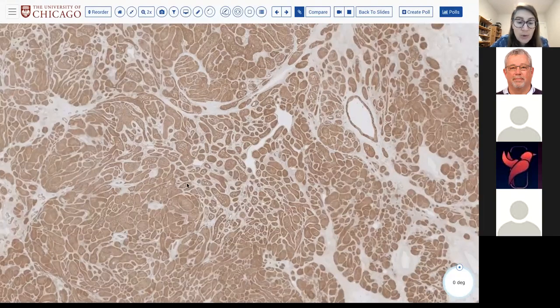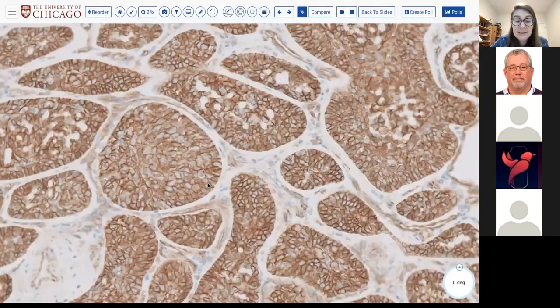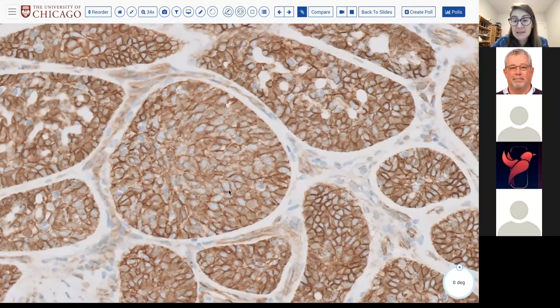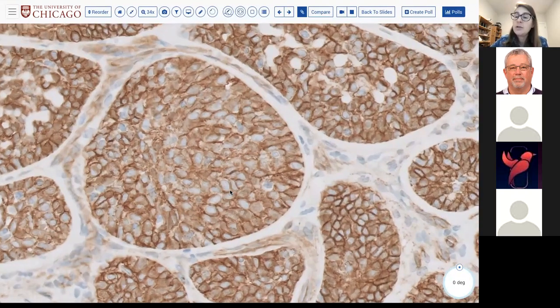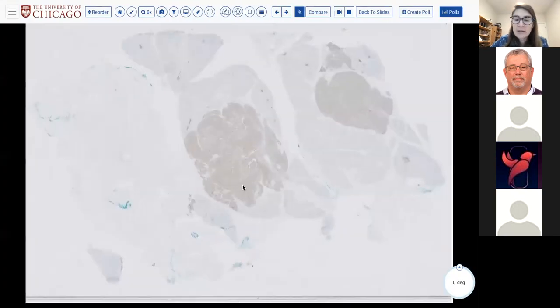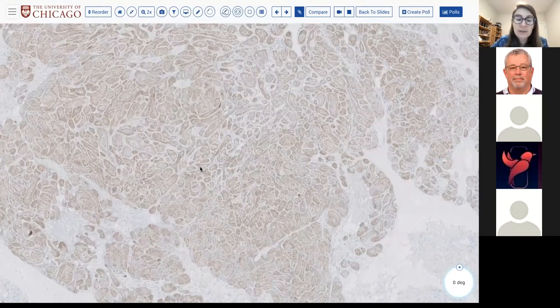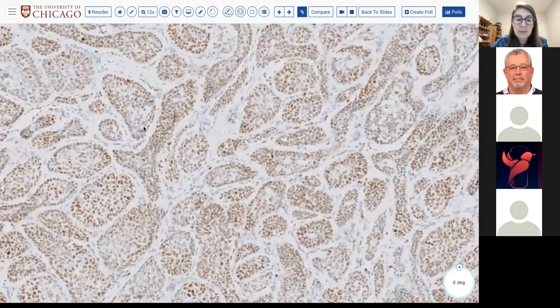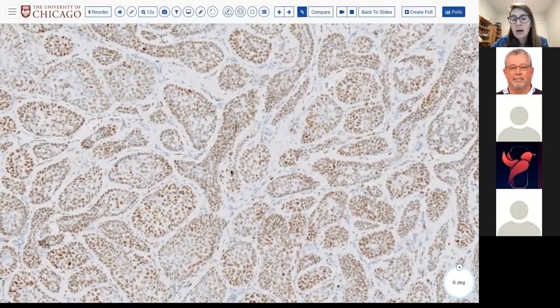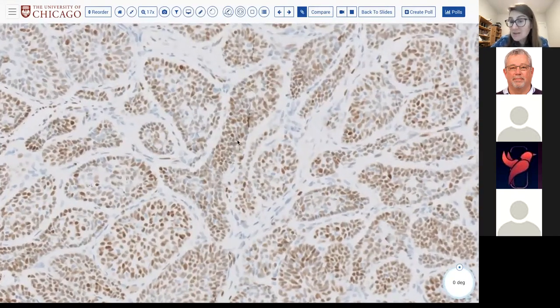And importantly, what I wanted to show you here was that beta-catenin, right? So in this case, the beta-catenin is completely membranous like a crayon. You don't have that nuclear or cytoplasmic expression. And one additional marker that has been sometimes used in basal cell neoplasms is LEF1. So this is LEF1, as you can see, nuclear.